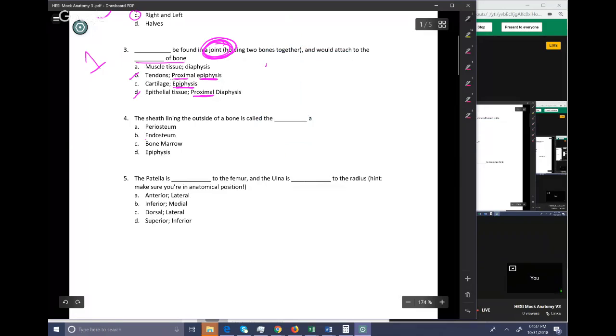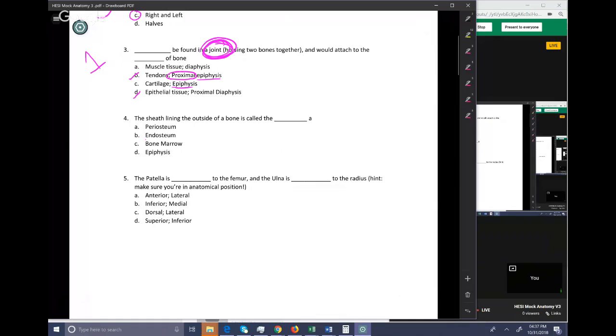because I know that it cannot be the diaphysis, because the diaphysis is in the center of the bone and would not be able to be part of a joint. So for me, it was easier to get epiphysis. Now, I noticed right away, and you may or may not have because we all think differently, that proximal epiphysis goes further than what I actually know.